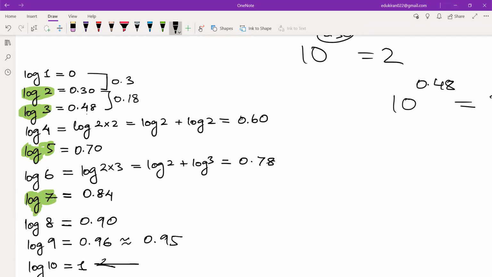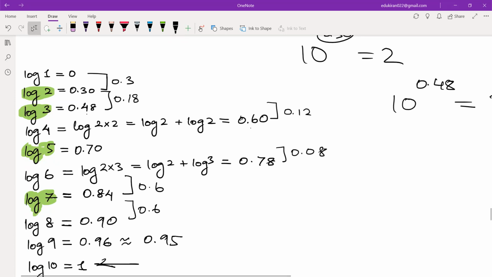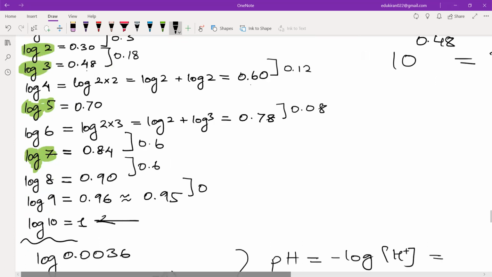If I look at the difference between 0.48 and 0.62, this difference is how much? 0.12, correct? Yes, sir. Then this difference is how much? 0.08, right? Yes, sir. And after that, this difference is how much? 0.6, and here also you can say 0.5, and here also it is 0.5.